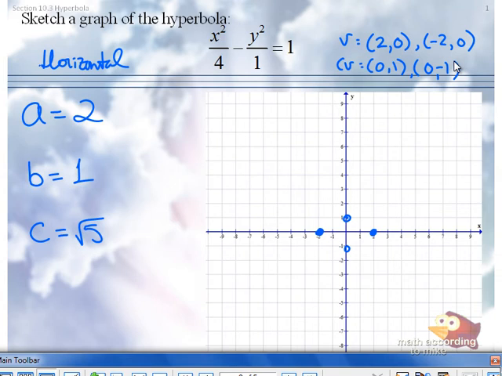Sorry, this is so small. Once you get your a and your b, make a box. The diagonals of your box form asymptotes.